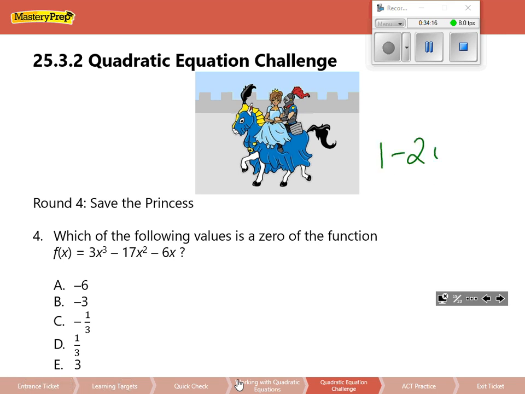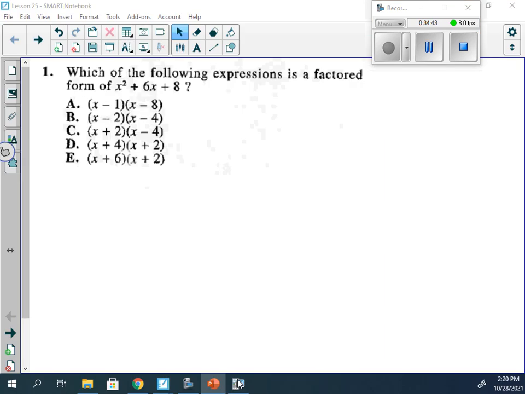Most likely they're going to give you 1 minus 2i or 1 plus this here. Now, we went over this in the Algebra 2 class. If 1 minus 2i is a solution, 1 plus 2i is a solution as well. They come in pairs. If we have one, we have to have the other. We cannot have one without the other.